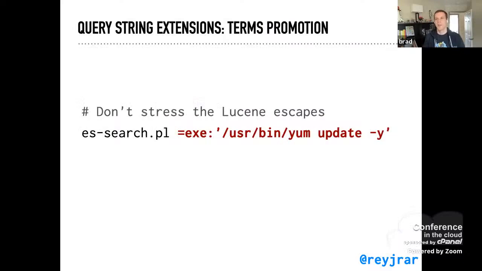Some things are hard to escape. I don't know if anyone has ever attempted to search Elasticsearch for a user agent without using a term filter and using Lucene query syntax, but it is maddening.